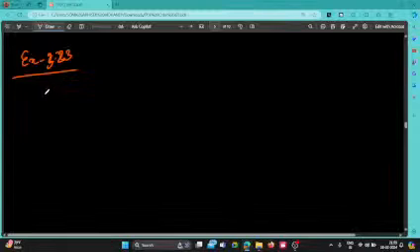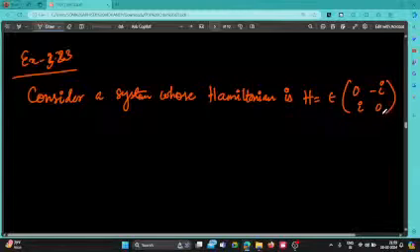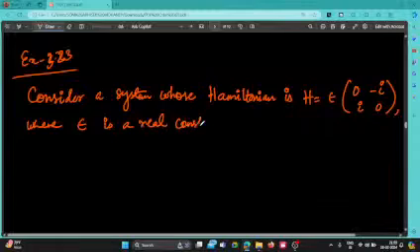Exercise 3.23. Consider a system whose Hamiltonian is H = epsilon (0, -i; i, 0), where epsilon is a real constant with the dimensions of energy.